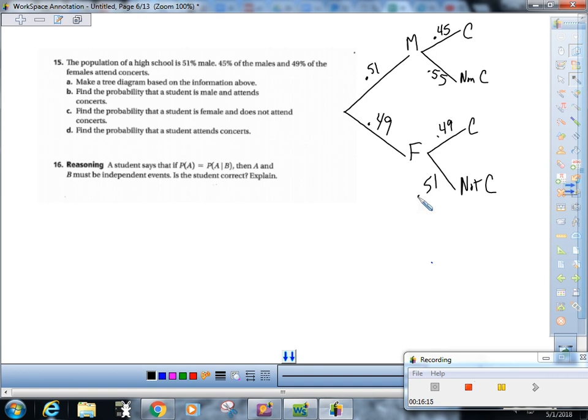Okay, find the probability that a student is male and attends concerts. If you can get through the making of the tree diagram, this is so much easier. So for B, you just do, remember, and means multiply.